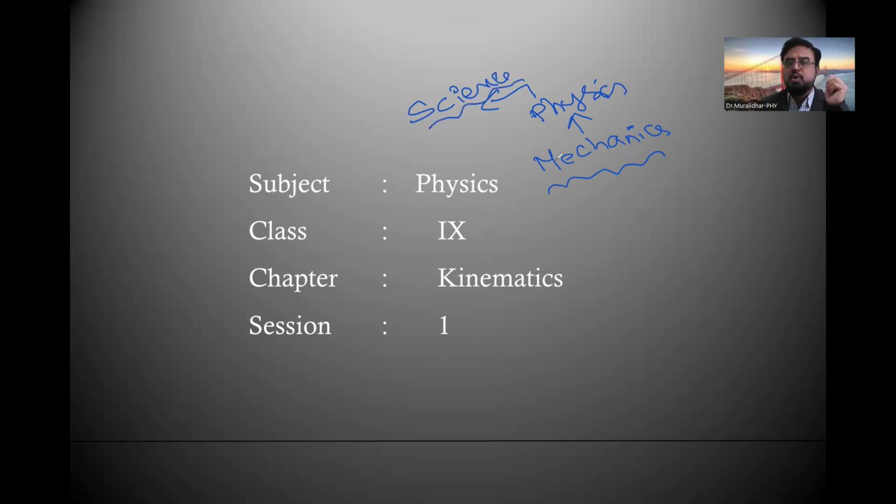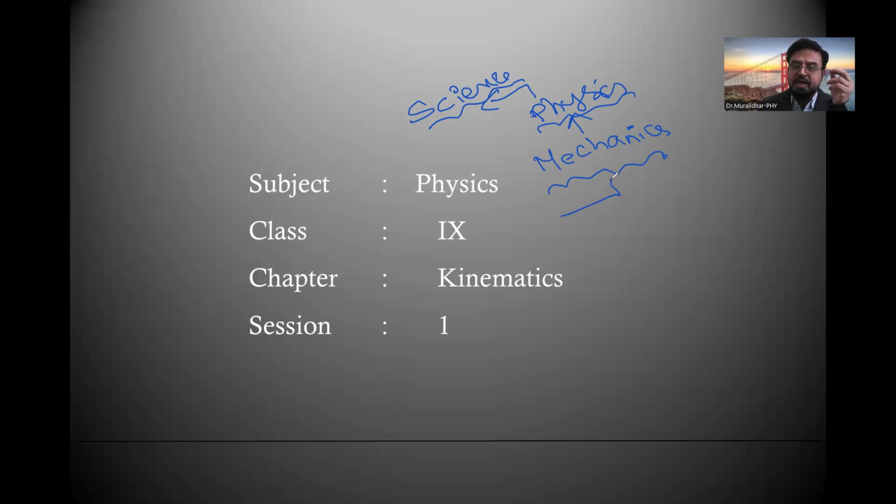Physics comes from science only. Science is nothing but wonders of nature. It may be physics, chemistry, biology, even mathematics also is science only. So in that science, physics is one part. In that physics, 50% is mechanics. So what is mechanics? Study about motion of a body.